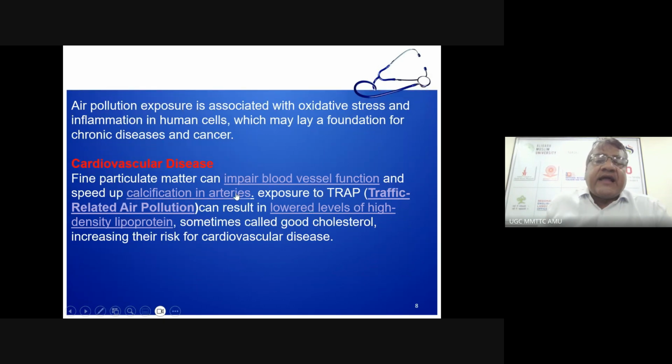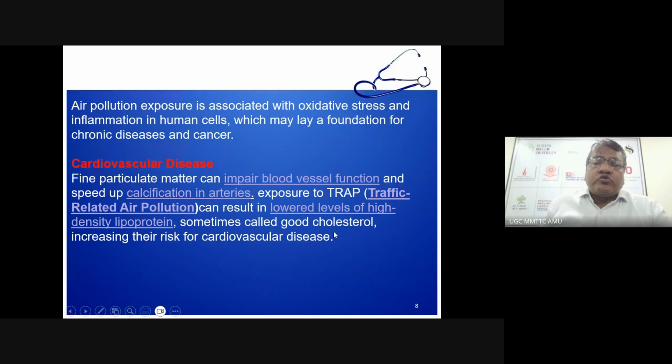What happens when there is a calcification in arteries? The arteries become resistant to dilate or to constrict. So if there is a restriction or resistance to dilatation, it leads to raised blood pressure.